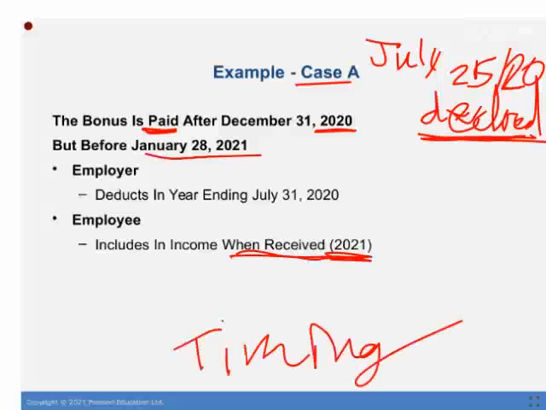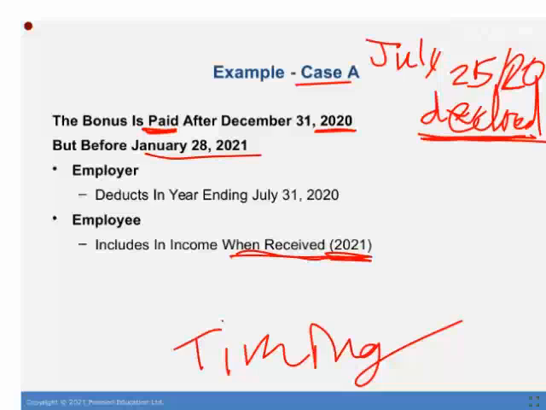Just looking at Danielle's question here. If the bonus was declared on July 25th, would it be an accrual until it's paid? Correct, yes, that's correct.